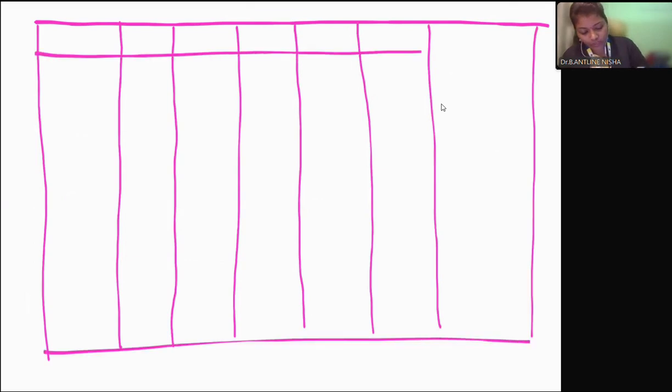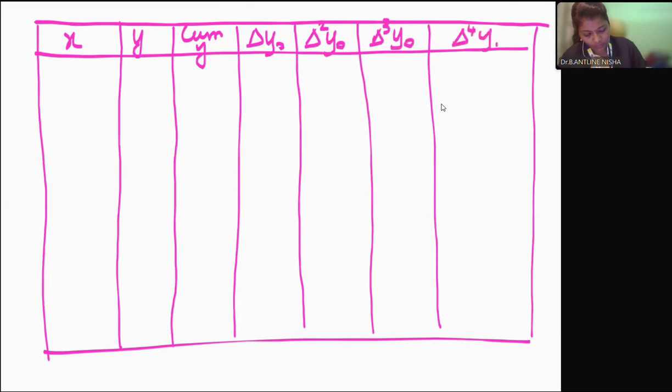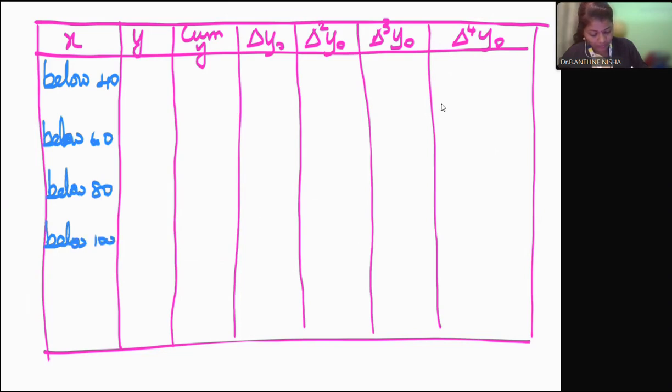Next here below 40, below 60, below 80, below 100, below 120.